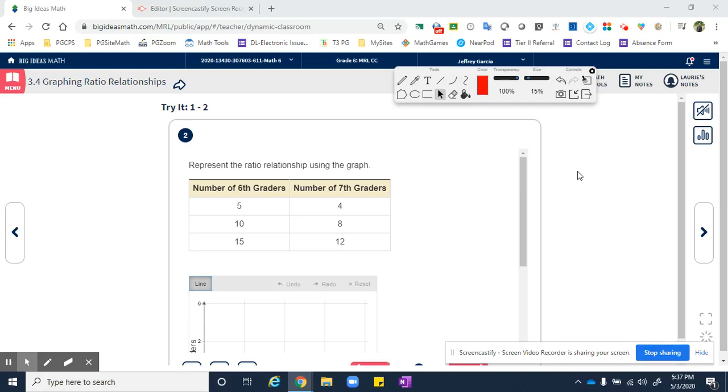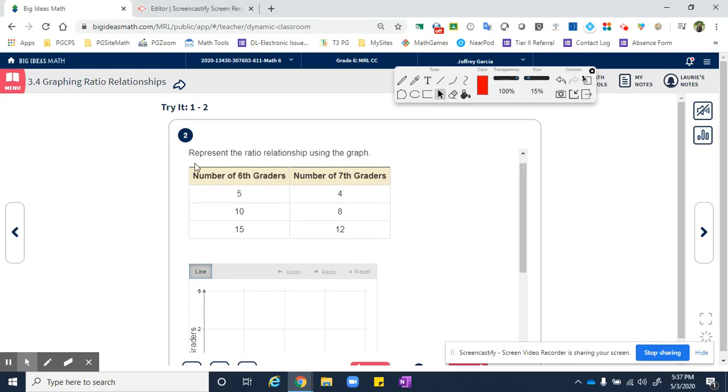Okay, so let's try this problem. Now we have our number of 6th graders and number of 7th graders. Remember what I said, the first column will represent your x values, and then this will be your y values. So let's get our ordered pairs, okay?